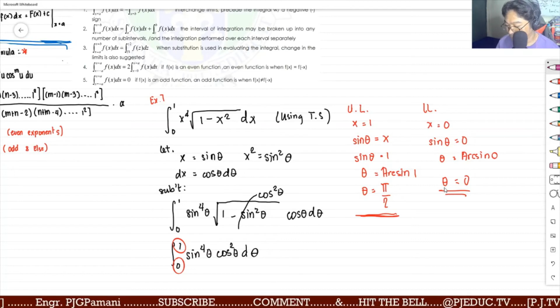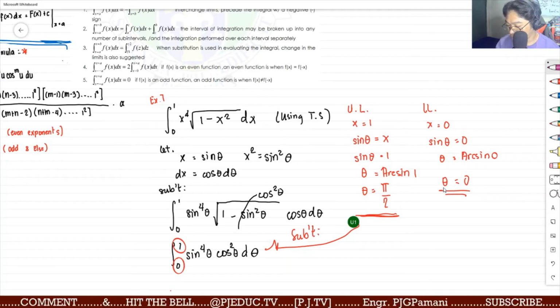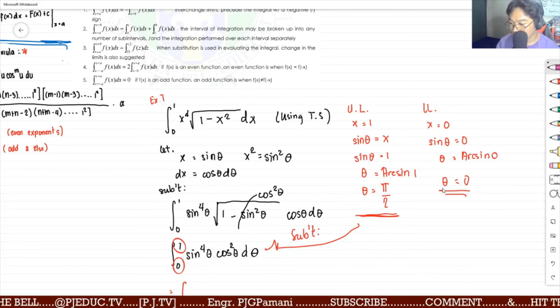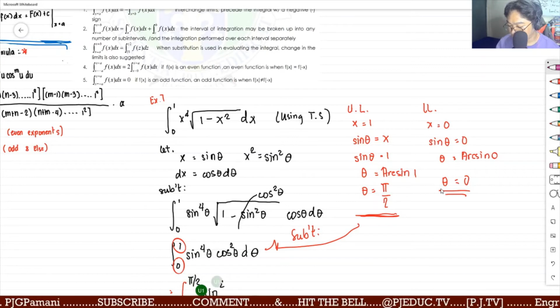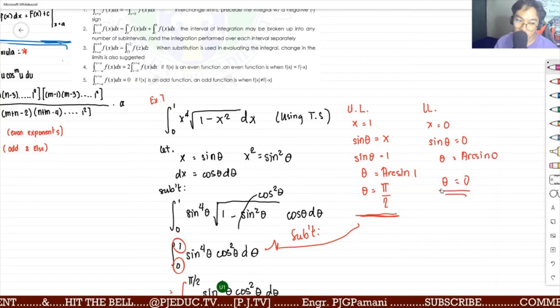So substitute na natin yung changed upper and lower limit. So lower limit of 0, upper limit of pi over 2, and an integrand of sine raised to the 4th theta cosine squared theta d theta.